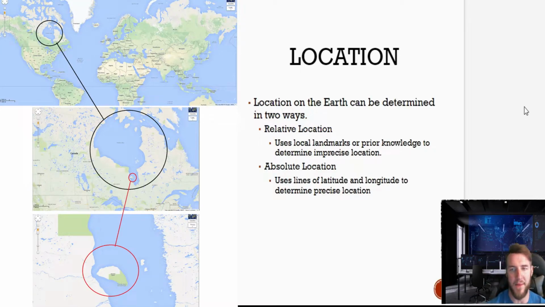That's when you use latitude and longitude lines, and basically think of it like your GPS location, your exact location on this planet, using those two sets of imaginary lines, which we'll talk about here in the next slide. And that's to your precise location. So you have relative location and you have absolute location. You can write those down. Those are relatively easy to remember.